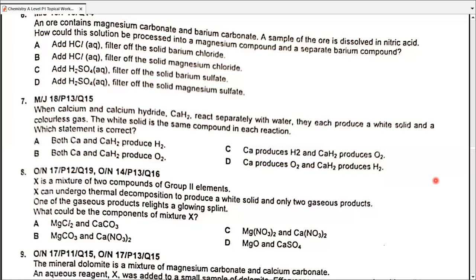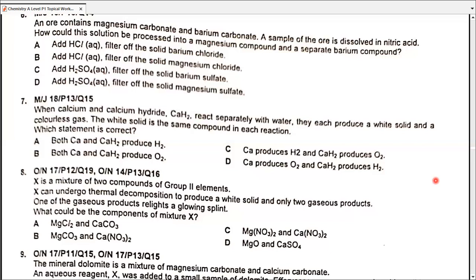When calcium and calcium hydride react separately with water, they each produce a white solid and a colorless gas. The white solid is the same compound in each reaction. Which statement is correct? Calcium plus water gives calcium hydroxide plus H2.